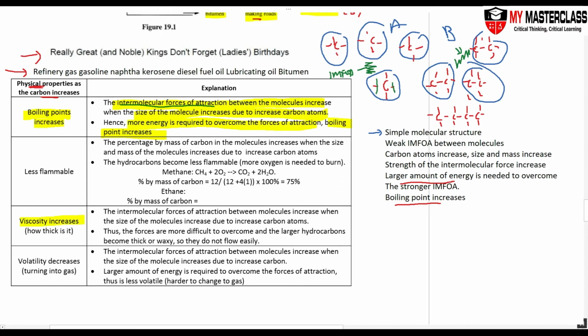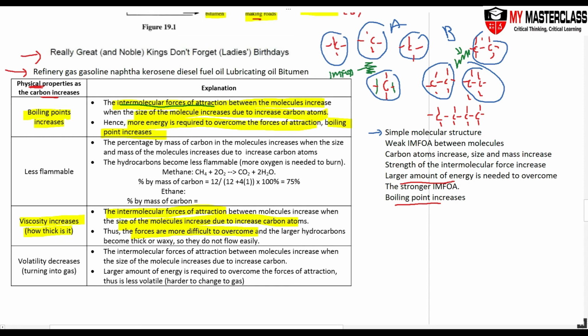Next one, viscosity. Viscosity means how thick it is. Viscosity will increase as carbon increases, meaning the longer the chain, the thicker it is, and the harder it is to flow. Okay, same idea. The intermolecular force increases because the size and mass increase, so the forces are more difficult to overcome.